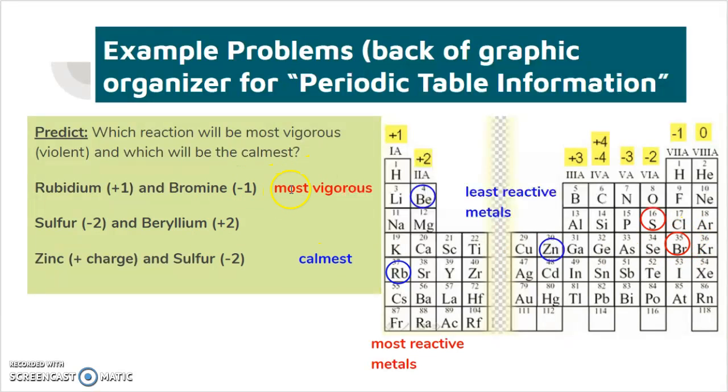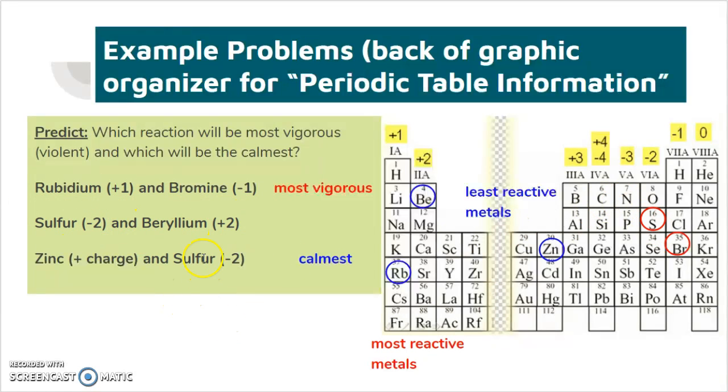So that's why I said that this would be the most vigorous reaction out of all of them, or the most violent. Sulfur and beryllium. Beryllium's up here. It's not that reactive of a metal because it's pretty far from the bottom. It's a small atom. It's holding on to its electrons fairly tight. But sulfur's pretty reactive, so this is probably somewhere in the middle.